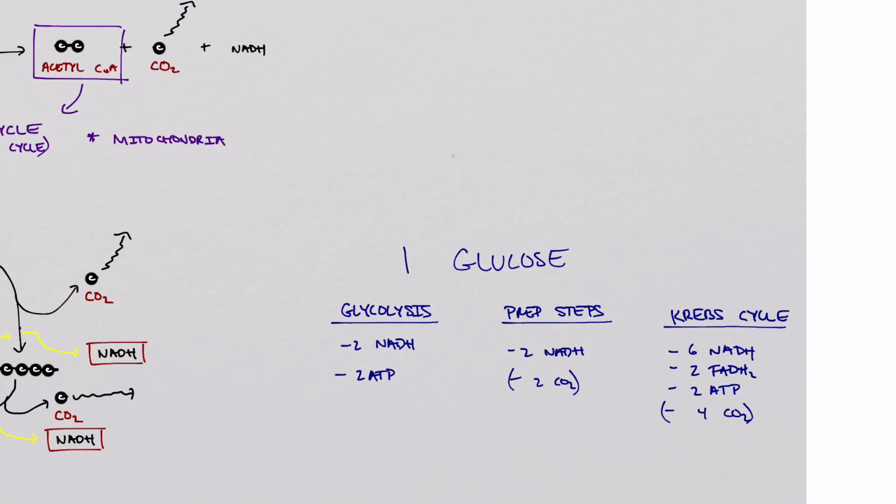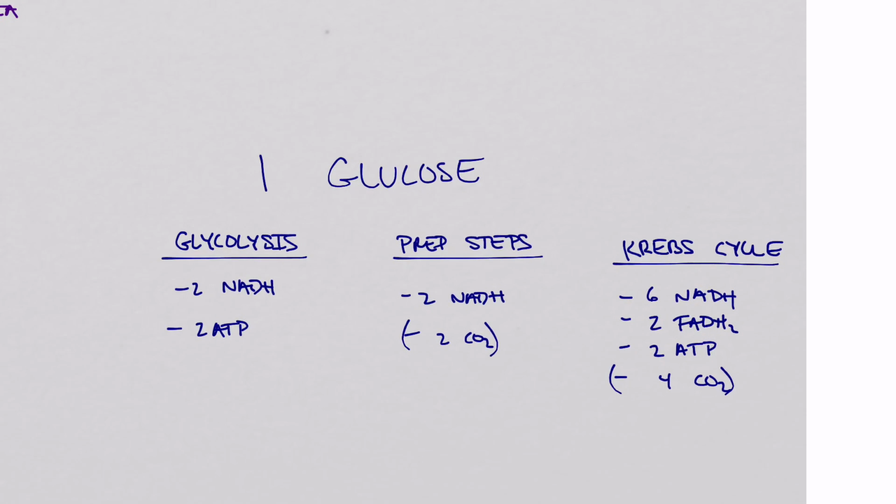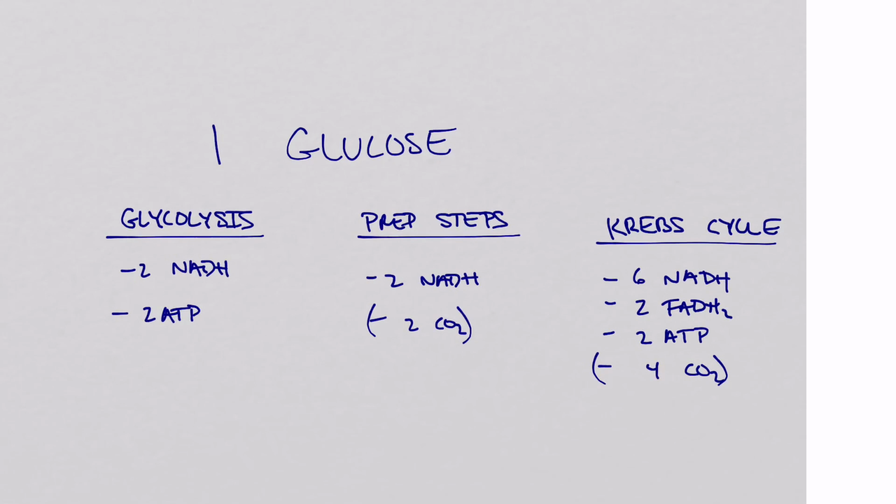So, a big question is, the whole purpose of cellular respiration is to make ATP, and yet, so far, we've only created 4 ATP total.